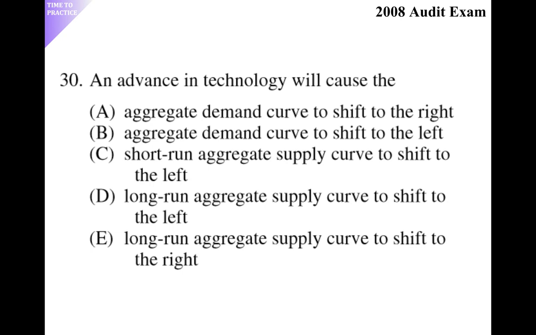I know that it's supply and not demand, so I'm automatically going to rule out A and B. If I look at C, a shift to the left means that there would be a decrease, less ability to produce. So that doesn't seem like it'd be the right answer. Same with D. The best answer, bingo, is E.